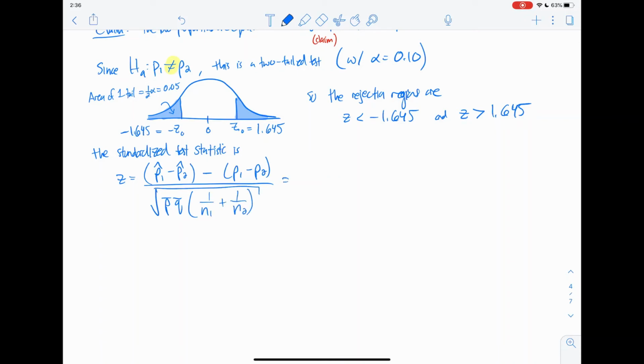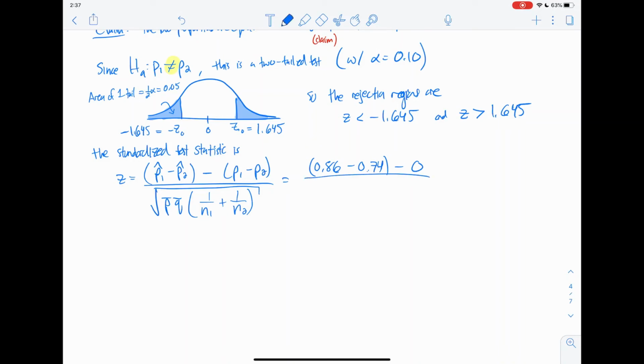Where if we plug in all the data we have, at the top we get 0.86 for P1 hat, 0.74 for P2 hat, minus 0, because again, P1 minus P2 in the case of a hypothesis test is always assumed 0, because that's literally what we're trying to break.